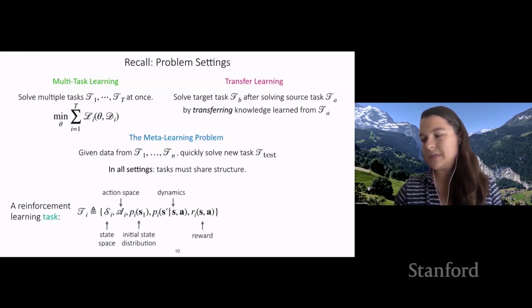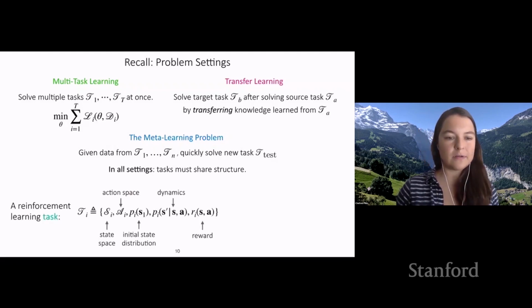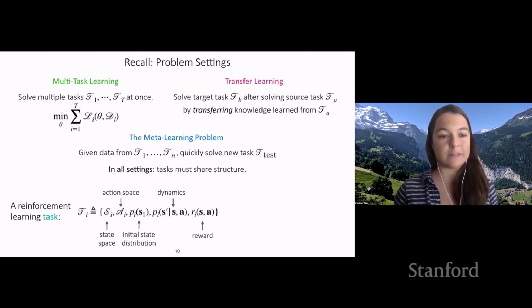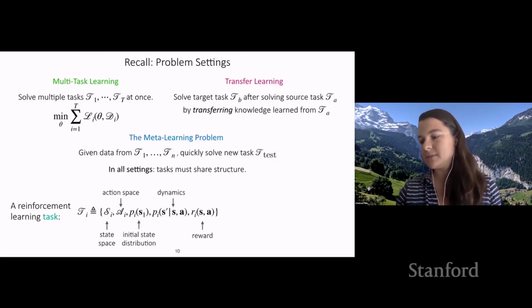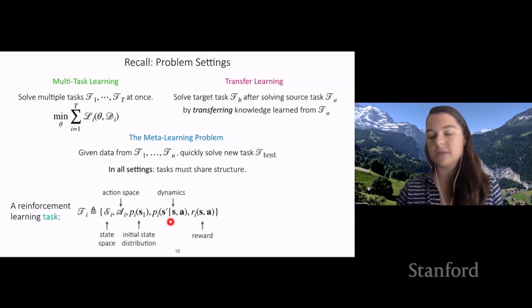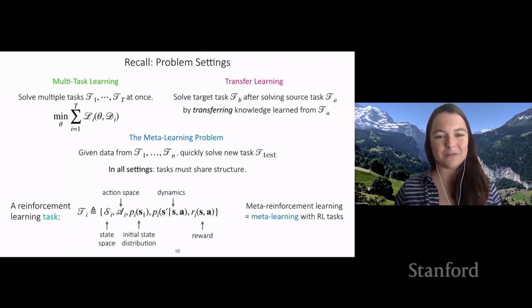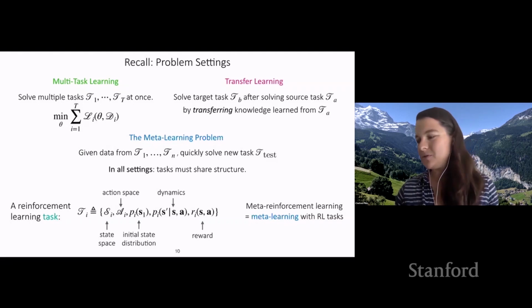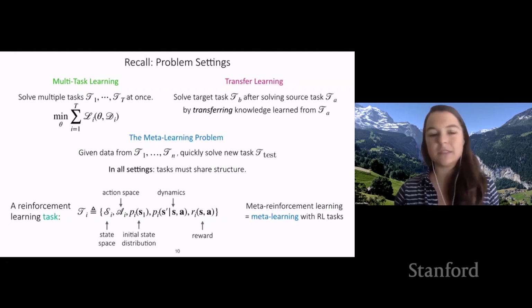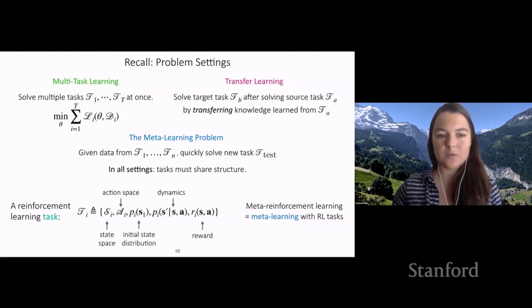A reinforcement learning task, as we defined it before, corresponds to a Markov decision process, where tasks may vary in terms of different elements of that Markov decision process, especially the dynamics or the reward. And so meta reinforcement learning will correspond to meta learning where each of your tasks is an MDP.